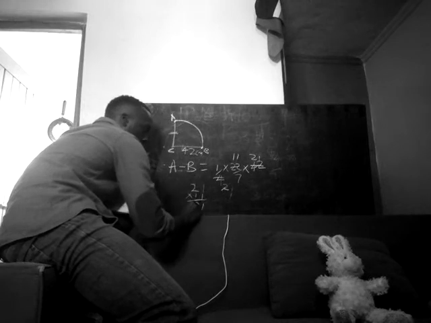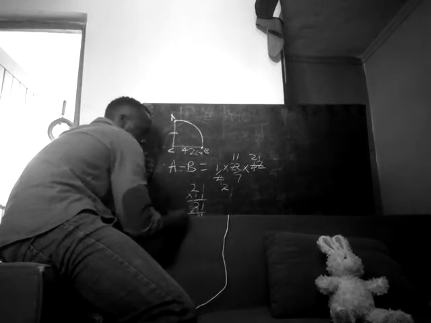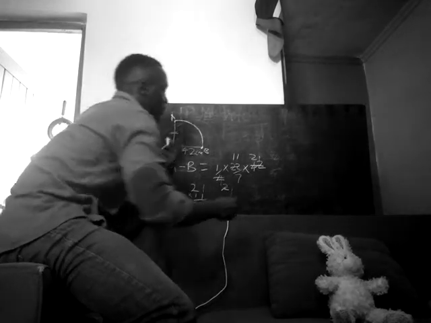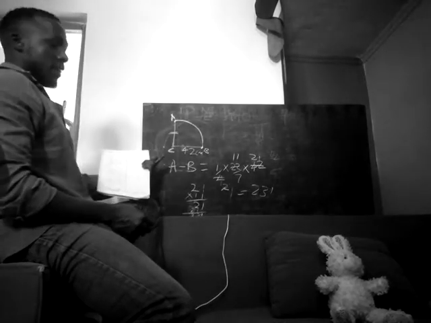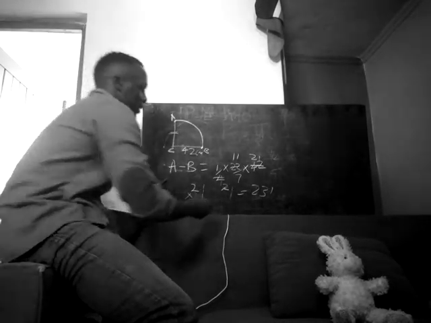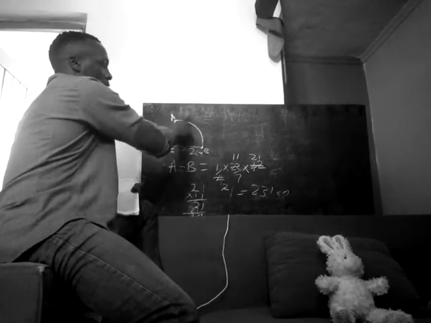And 1 times 2 is 2. So we're going to have 1, 3, 2. 231. Class, remember 231 centimeters is the distance from A to B.